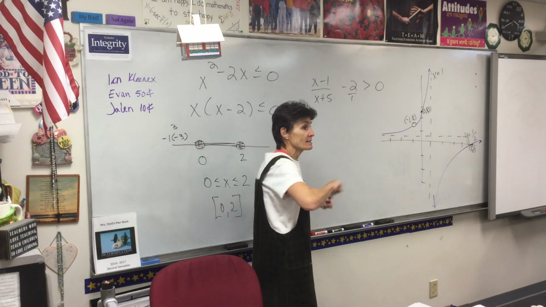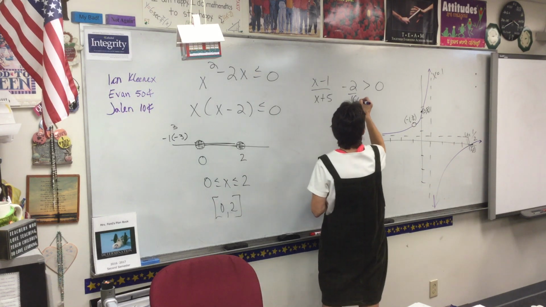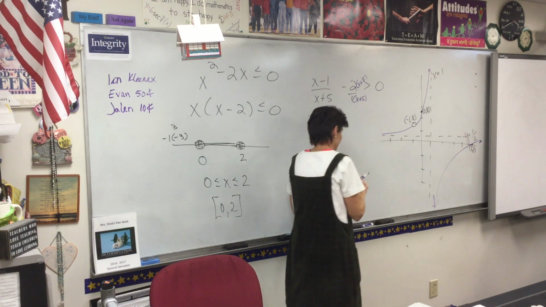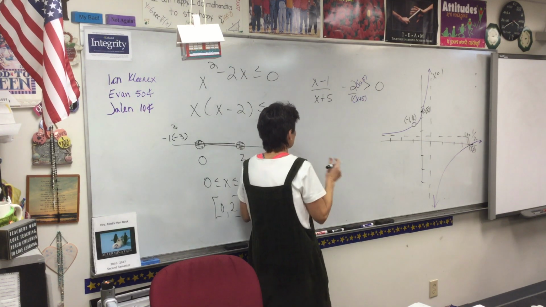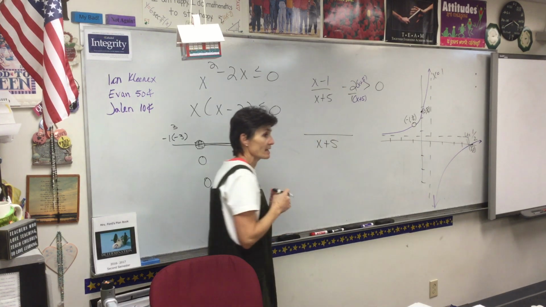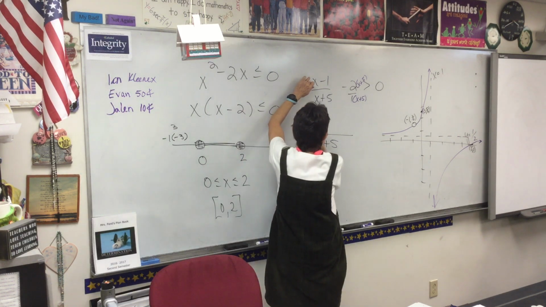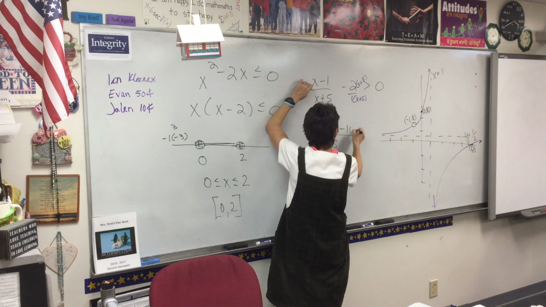Which means I need to get a common denominator, which is x plus 5. x minus 1 minus 2x. Now I know you can do this, just do it carefully. So my denominator is x plus 5, and then x minus 1 minus 2x minus 10.